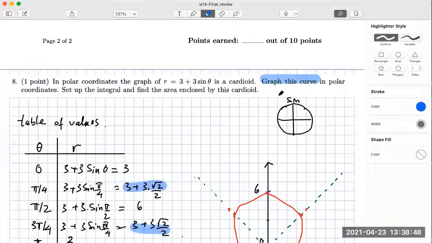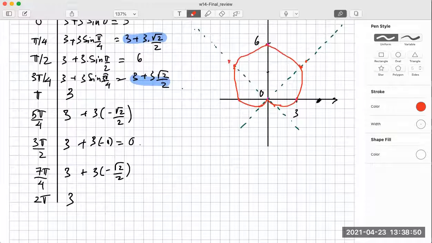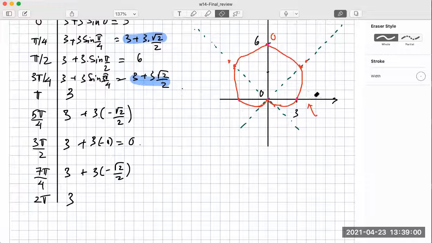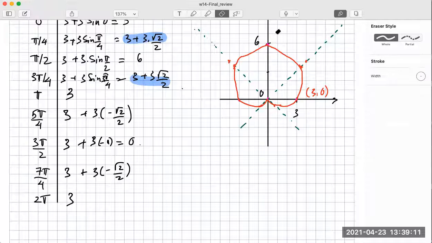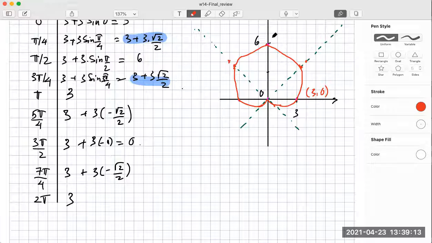In polar coordinates. Remember, the angle right here along this will be theta equal to 0. And yeah, let us write them: 3, 0. And here, the angle right here is pi over 2.